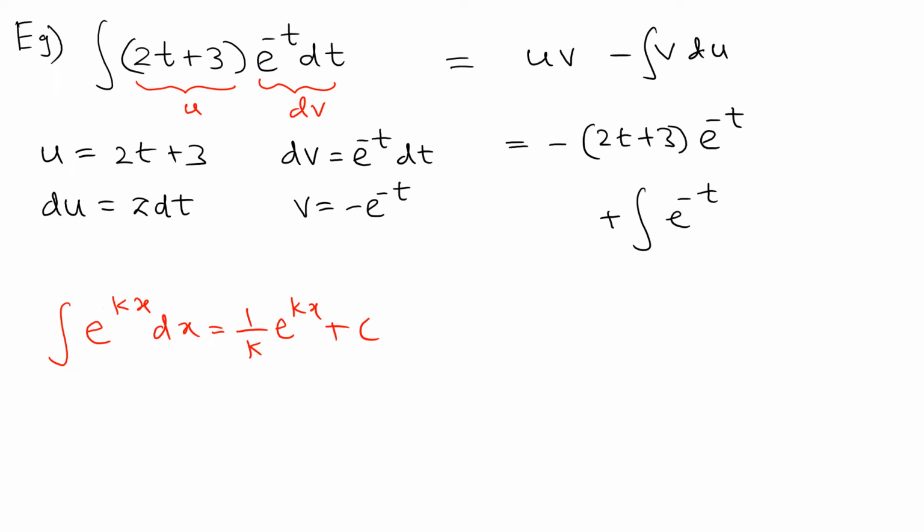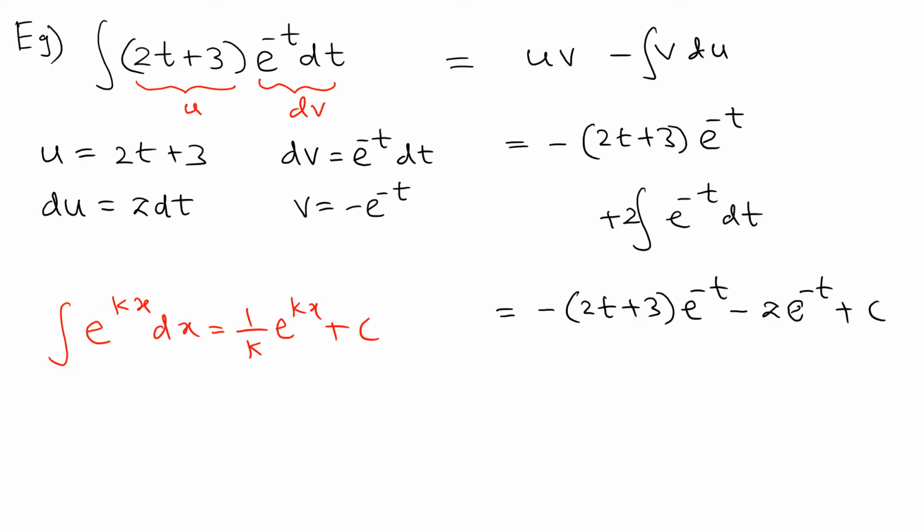You can write the 2 outside, and then dt. So if you simplify, you get negative (2t plus 3) e to the negative t, and then negative 2e to the negative t plus c.